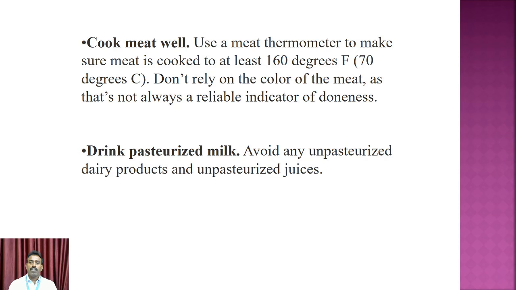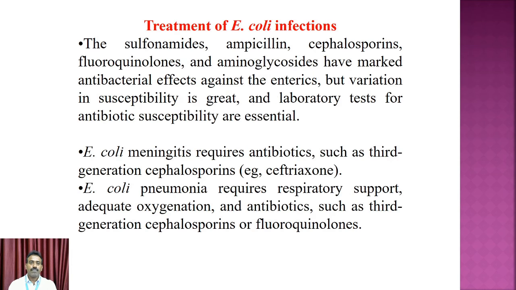Use a meat thermometer to make sure meat is cooked to at least 160 degrees Fahrenheit, 70 degrees Celsius. Don't rely on the color of the meat, as that's not always a reliable indicator of doneness. Drink pasteurized milk. Avoid any unpasteurized dairy products and unpasteurized juices.